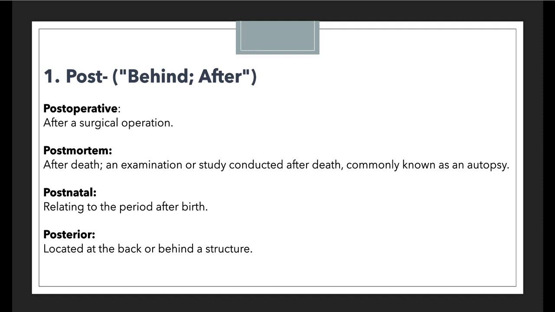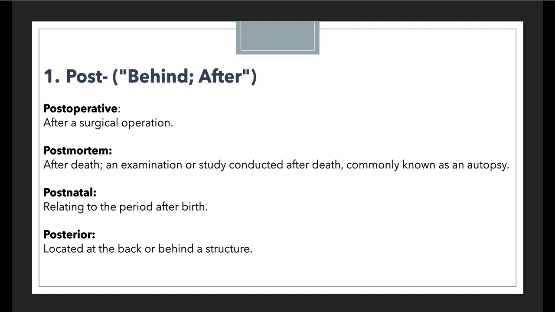Okay, so by these examples, I think it is clear how to use the post prefix and what information is provided by it. The first use of the post prefix is to showcase something as behind, and the second use is to showcase something as after. So we have covered examples for both.